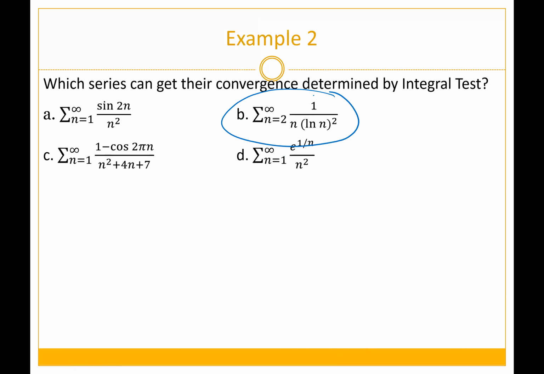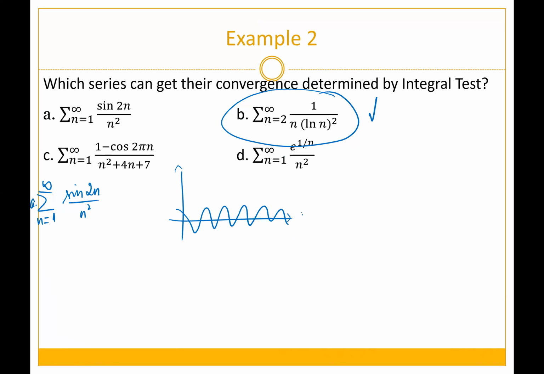First, for B, we just did that, so this one is usable. Now looking at A, it's a series of sine 2n over n squared. One problem with the sine function, sine 2n over n squared, is that it's always going to fluctuate between negative 1 and 1 as n goes from 1 to infinity.